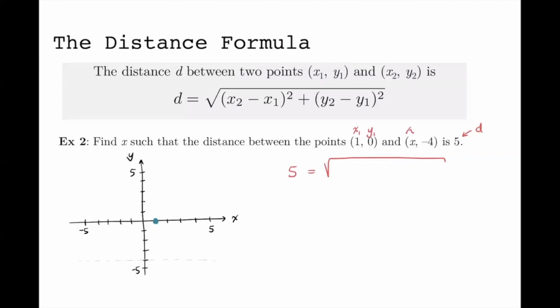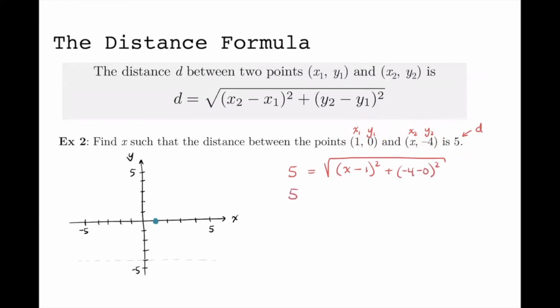And then x2 will be x, and y2 will be negative 4. So let's substitute these into the formula. x2 is x, and x1 is 1, so we have (x - 1) squared. Then we add y2 minus y1, so that'll be (-4 - 0) squared.